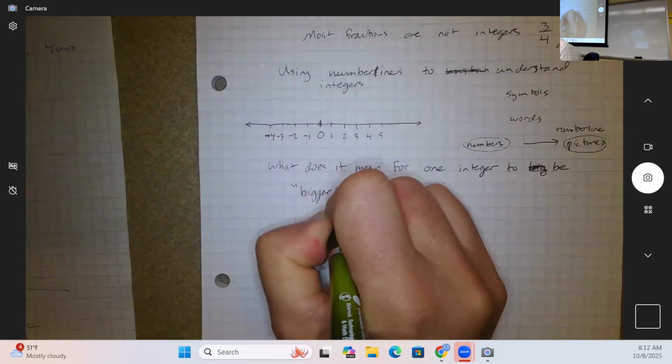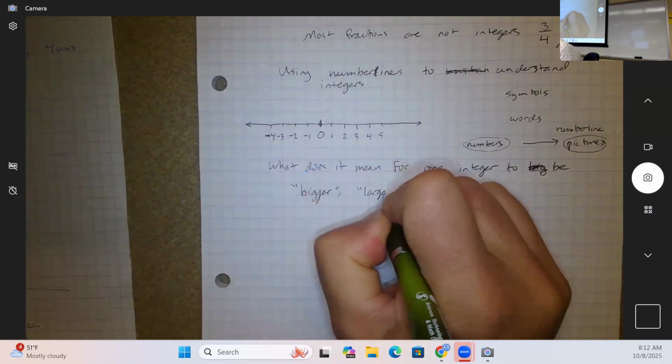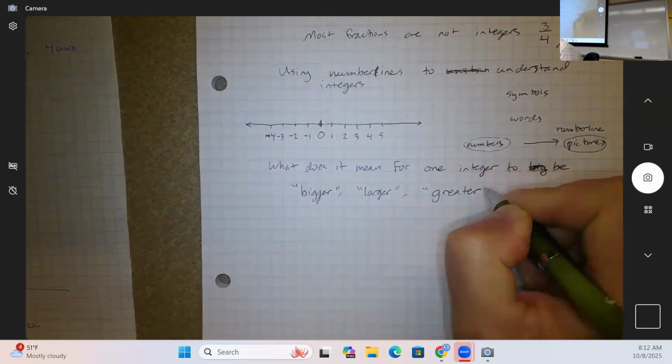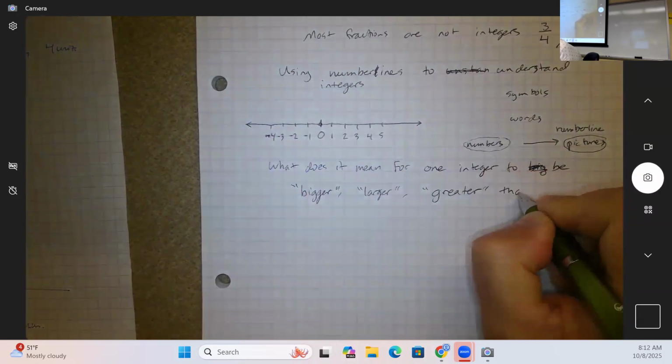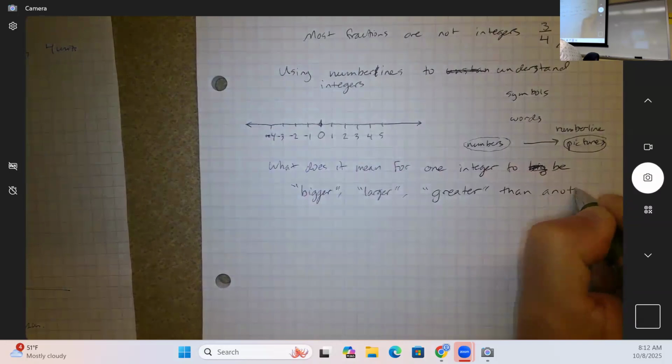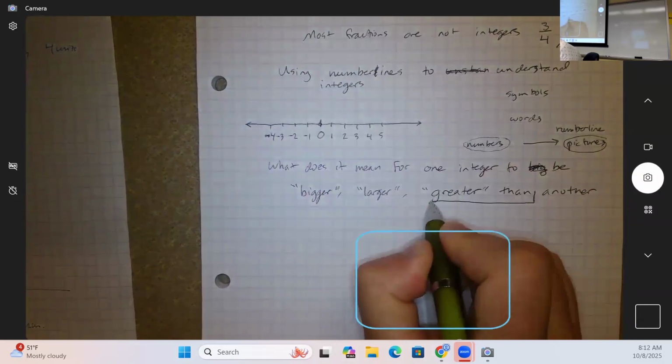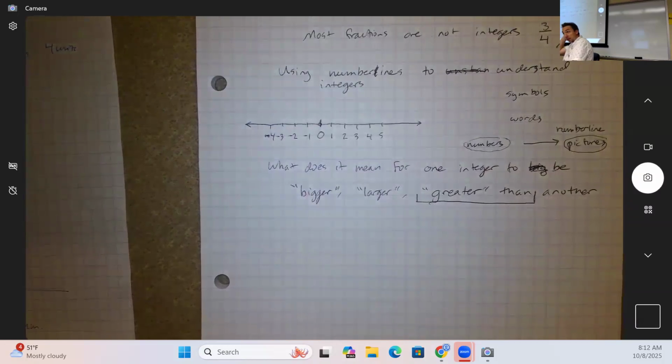That's one word. Or larger, or in particular, greater than. And this greater than, we're going to develop a mathematical symbol for that if you haven't seen it before.